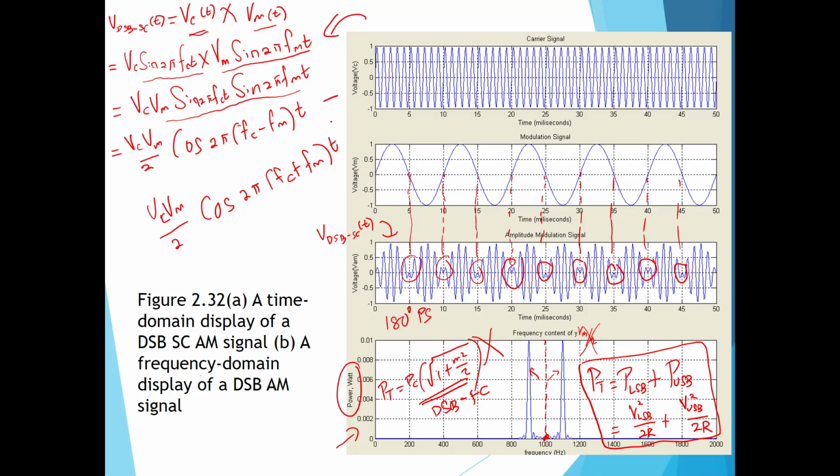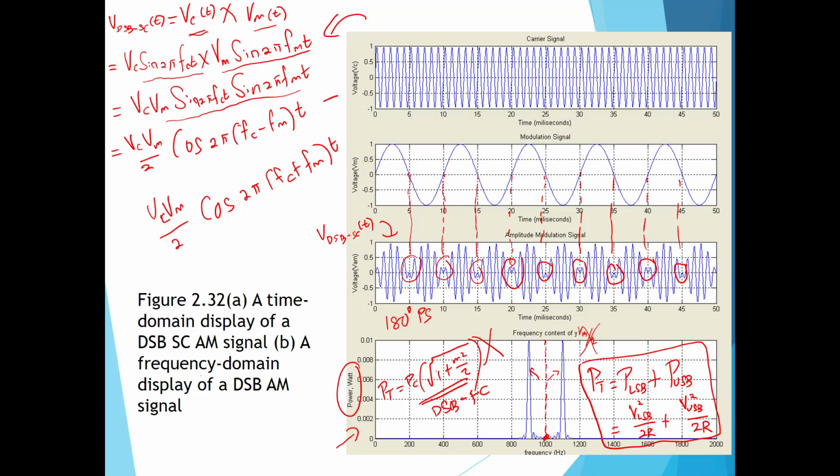So we get the lower and upper sideband without the carrier component. There is no carrier component in this example. In the suppressed carrier, the carrier component has been suppressed completely.